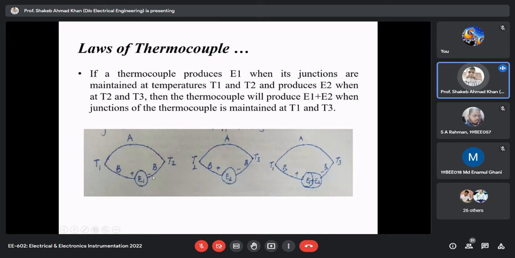Only then can you use the calibration table. Whatever process is adopted to do this is called reference junction compensation, and the last law is used for this purpose.